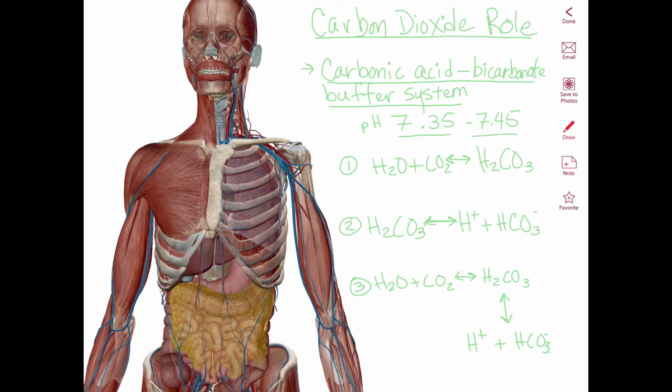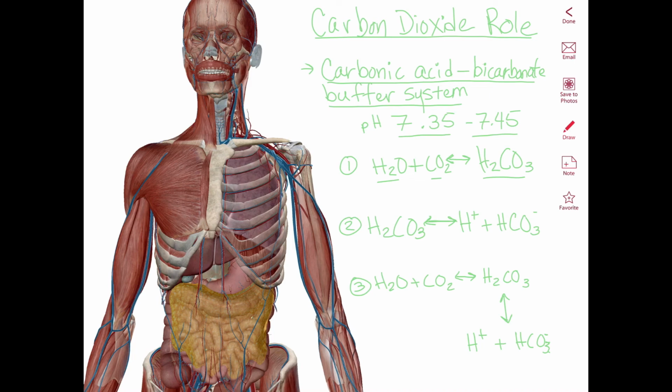When carbon dioxide diffuses into the blood from the metabolizing cells, most of it enters the red blood cells, where it combines with water to form carbonic acid. And this reaction can be written as it states here, number 1: water plus carbon dioxide gives carbonic acid. Then the carbonic acid formed in this reaction is short-lived.